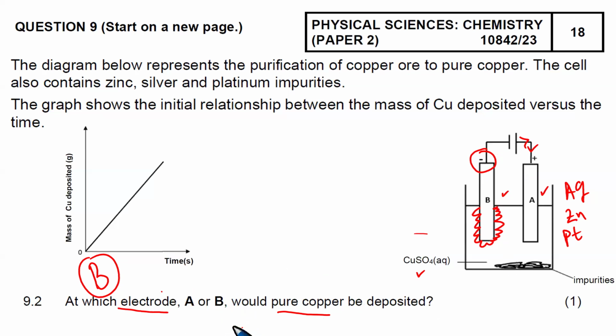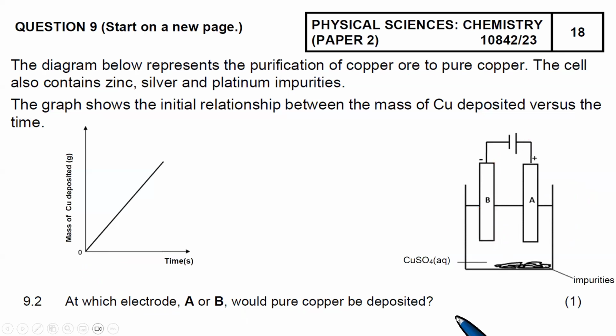So the pure copper is going to be deposited at electrode B there. Okay, we move on to the next question. The reasons will be clear very shortly.